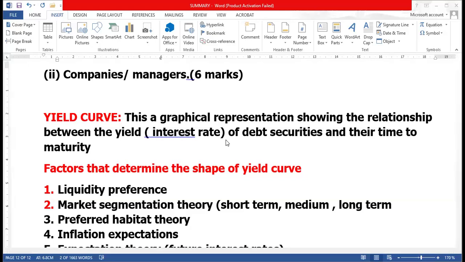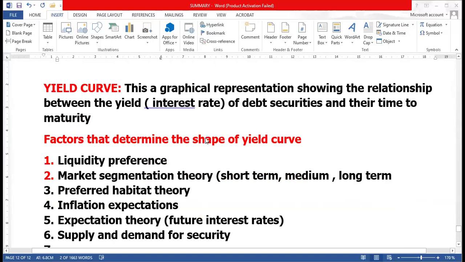So you will attract more clients because they have seen that investing in long-term bonds, they are going to earn more. So long-term yields become higher than the short-term yields.